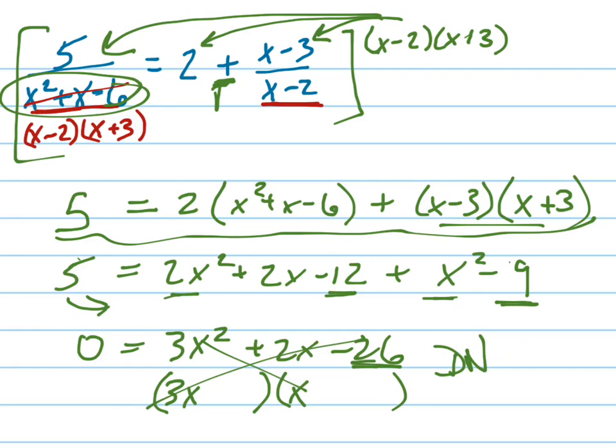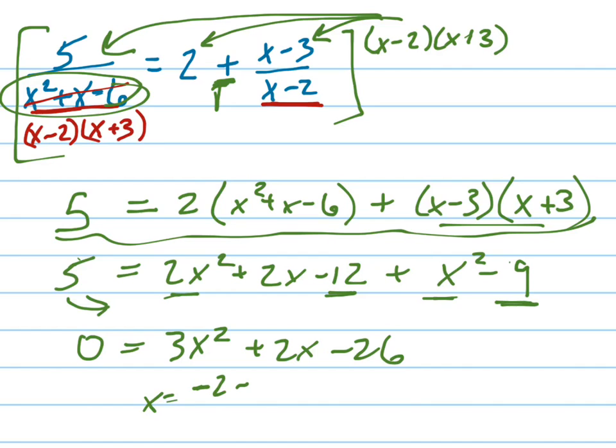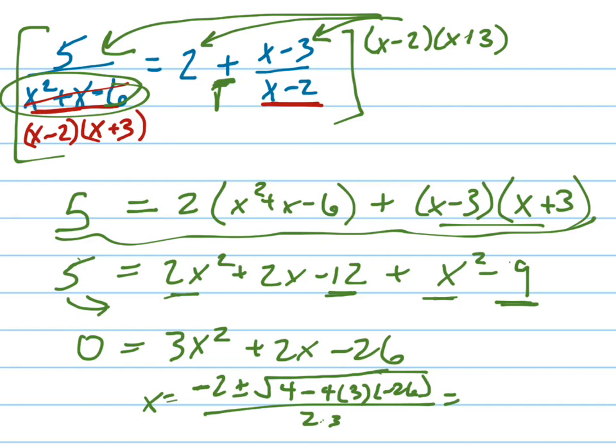So let me not cross out that whole thing. Let me just get rid of this. It does not factor, but you can still find the solution, and you do it by using the quadratic formula, which is x equals negative b plus or minus the square root of b squared, which is 4, minus 4ac, all over 2a, which is 2 times 3, which equals negative 2 plus or minus the square root of, what is that?